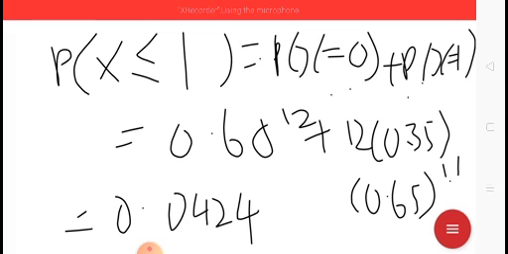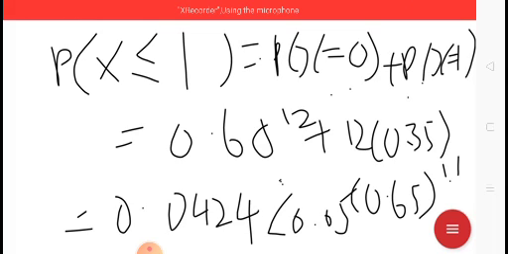Now you compare to the 10% significance level. Because this is a two-tail test, each end will be 5%. So we consider the lower end will be another 5%. So you compare to 0.05. 0.0424 is less than 0.05.